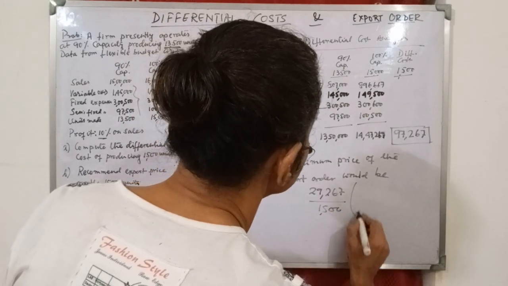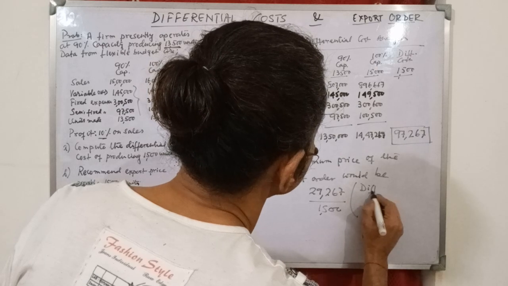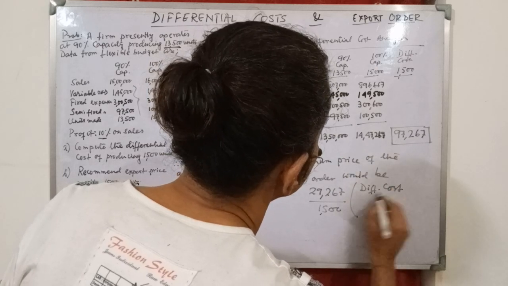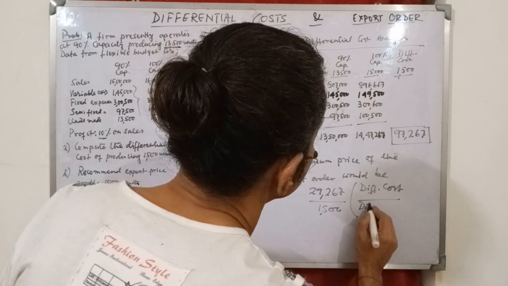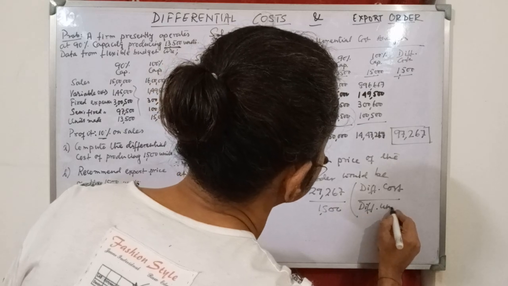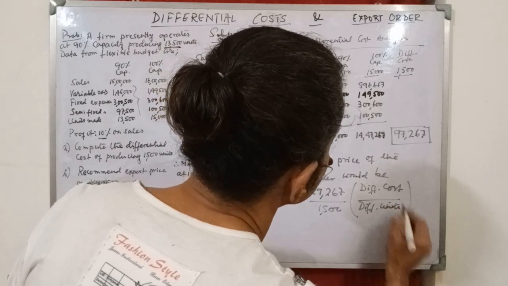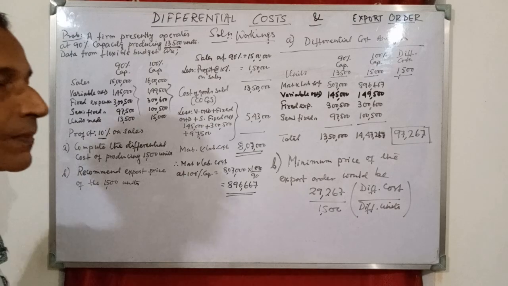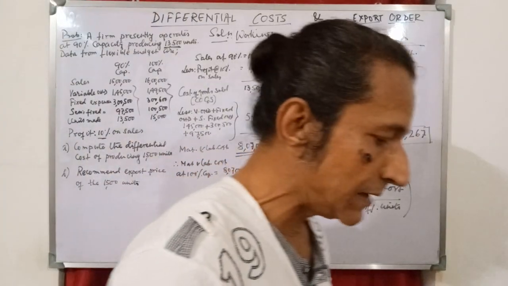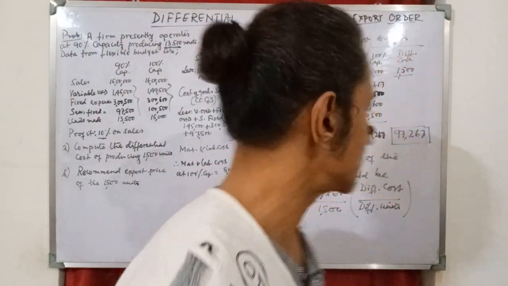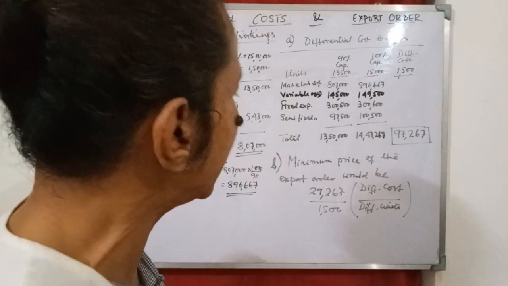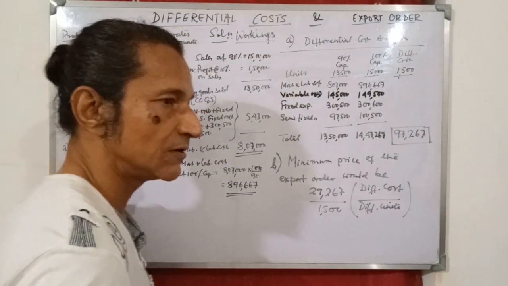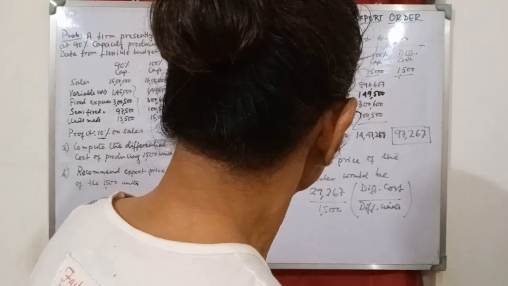That is, differential cost divided by differential units. This should be the minimum price the firm can quote. The firm cannot quote any price below this price. What is that price?